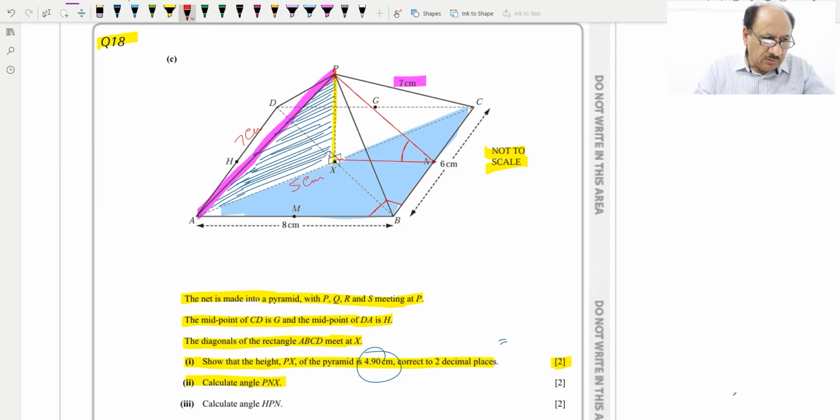Now NX will be half of AB, which is 8, so this will be 4 centimeters, and PX we already found, which is 4.90 centimeters. So two sides we have.